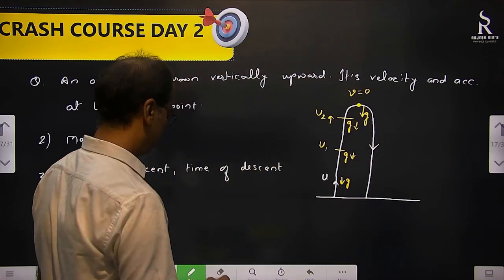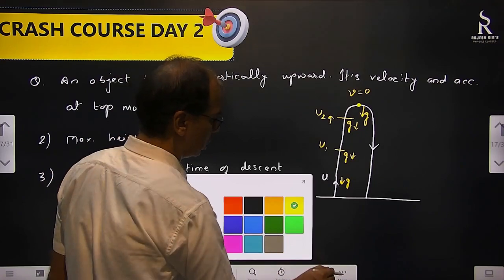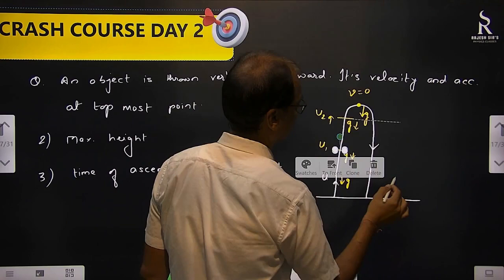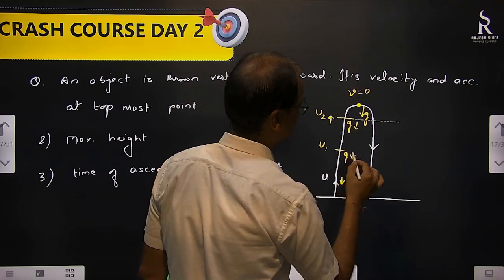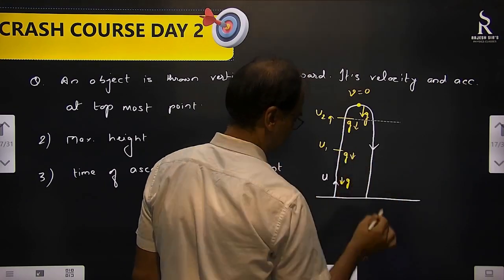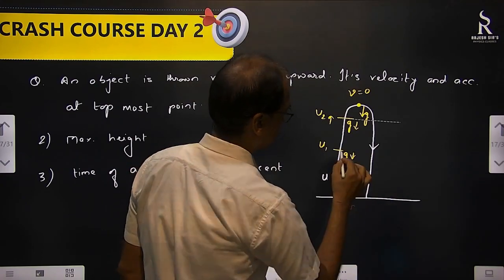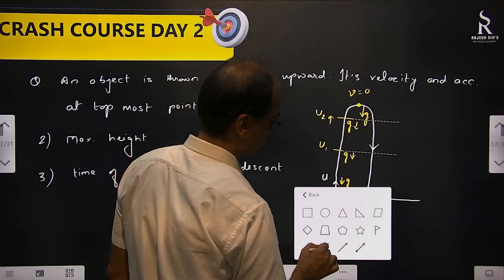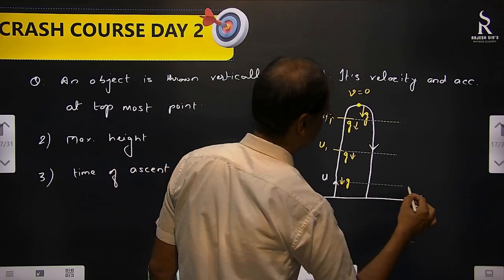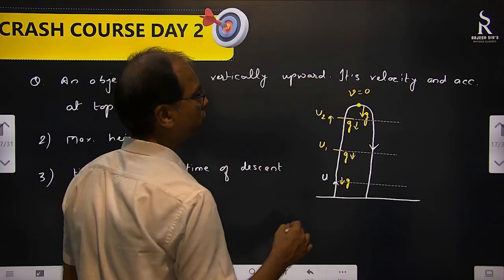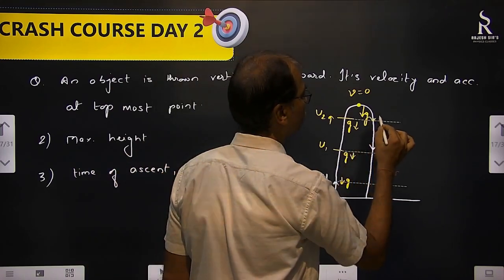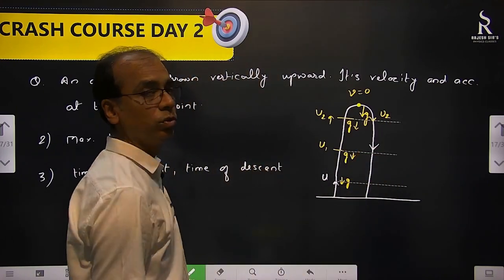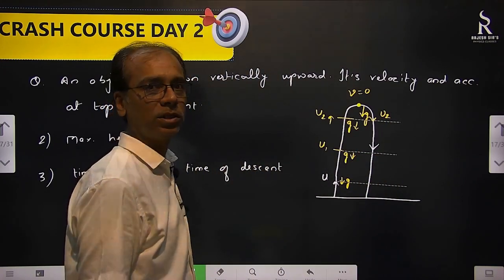What I am trying to show you is that at this point, velocity will be u2 only, at the same height, but downwards; the direction is changed.